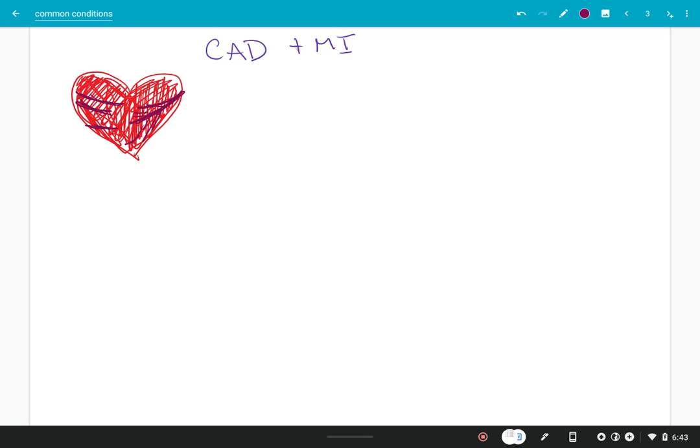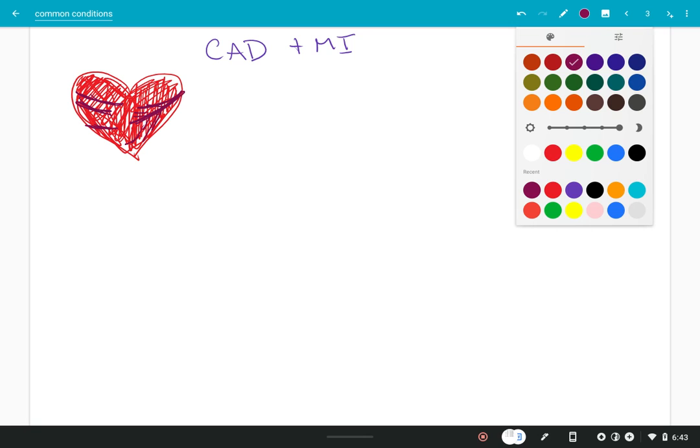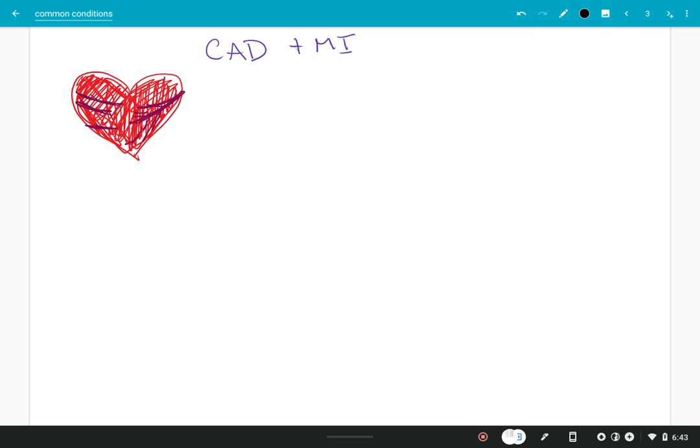So what happens with coronary artery disease is that there's atherosclerosis in the coronary arteries. Atherosclerosis is plaque buildup.